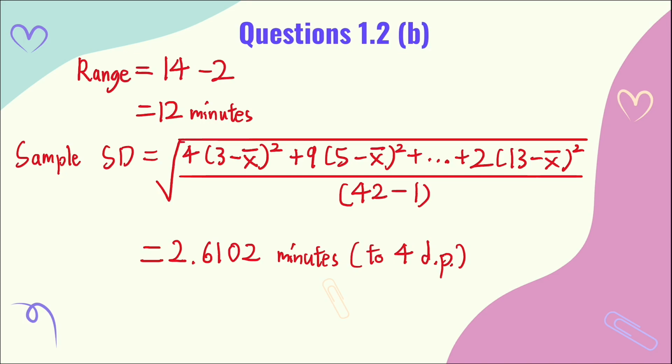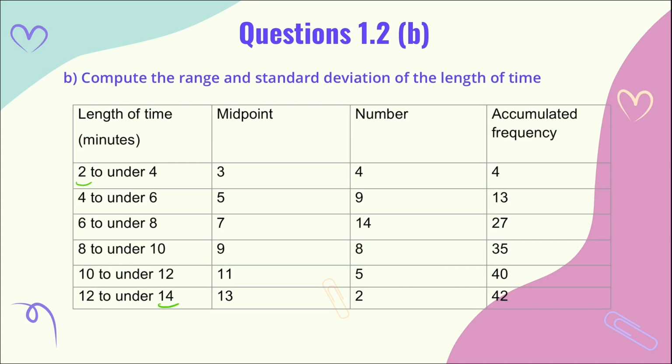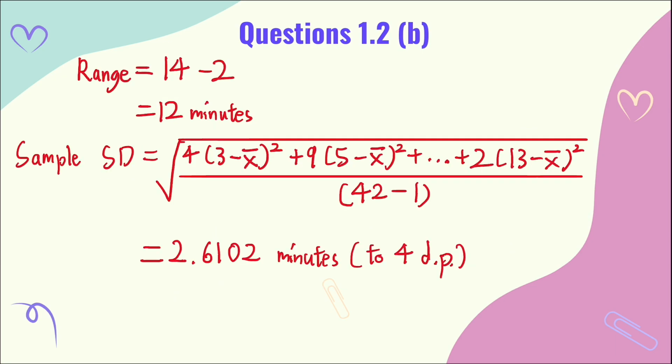As the data is sample data, we should find the sample standard deviation, and we can see the calculation. First, for each class, we take the frequency, and then we find the midpoint, subtract the mean, and square it, and repeat the steps.